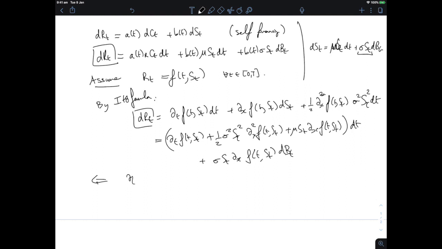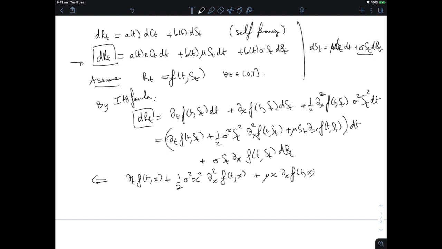If I have ∂_t f(t,x) plus 1/2 σ² x² ∂_x² f(t,x) plus μ x ∂_x f(t,x), or the dt part, equal to the dt part in this expression, which is what?